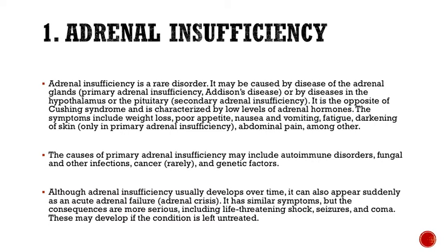So now we're going to talk about adrenal insufficiency. Adrenal insufficiency is a rare disorder. It may be caused by disease of the adrenal glands, primary adrenal insufficiency, Addison's disease, or by diseases in the hypothalamus or the pituitary, that is secondary adrenal insufficiency. It is the opposite of Cushing syndrome and is characterized by low levels of adrenal hormones.